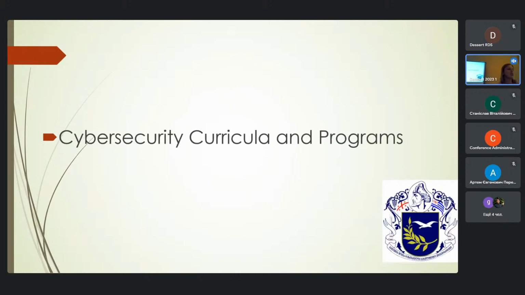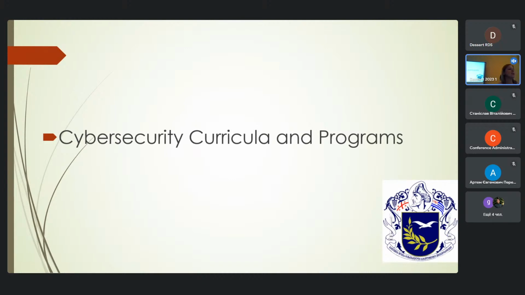In this context, higher education institutions bear the responsibility to ensure that students and graduates of our universities gain practical skills necessary to combat any threat effectively. I'm going to discuss cybersecurity curricula and programs that are included in our university program.